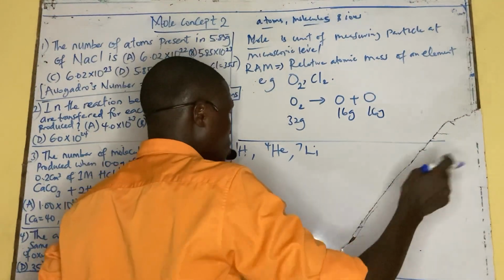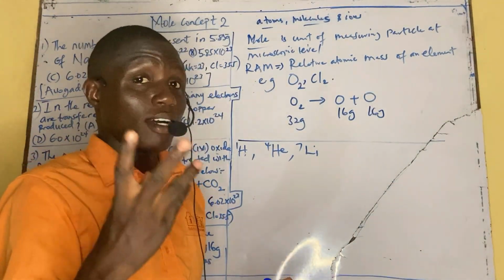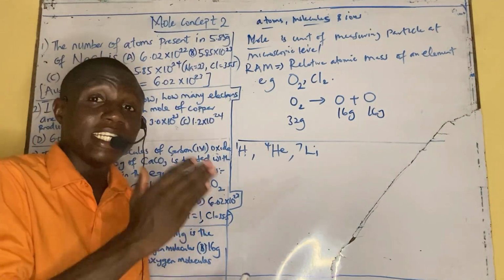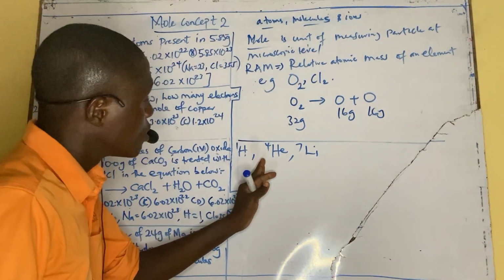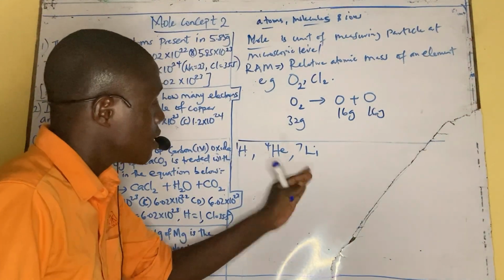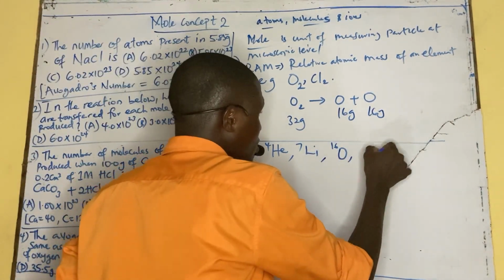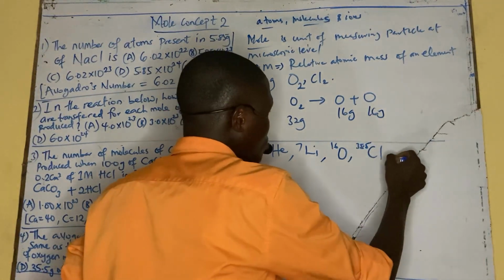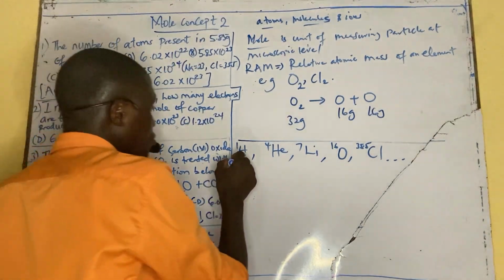So you must know this, because sometimes you need to know it offhand so as to be able to recall it for some calculation in the exam. So we have hydrogen is 1, helium is 4, lithium is 7, oxygen is 16, I've jumped, chlorine is 35.5, and so on. We have copper, and so on. So now let's move on.